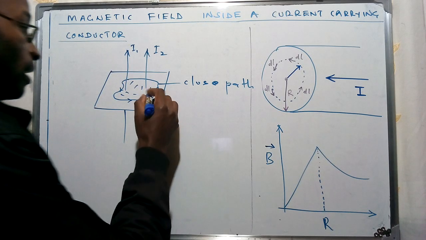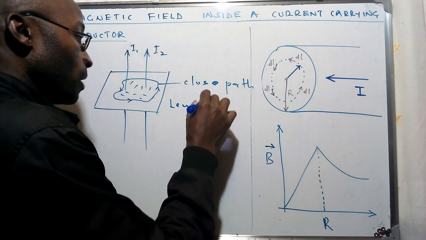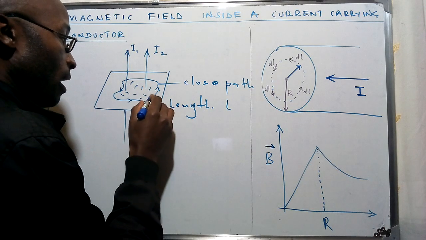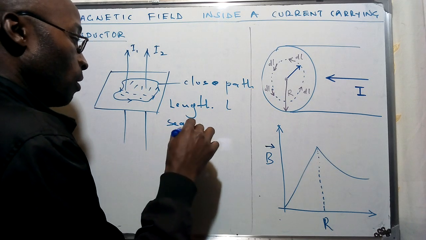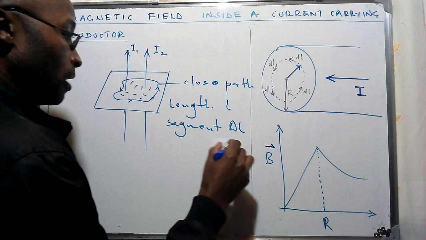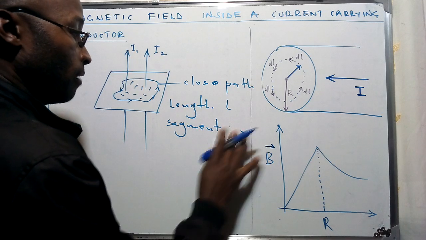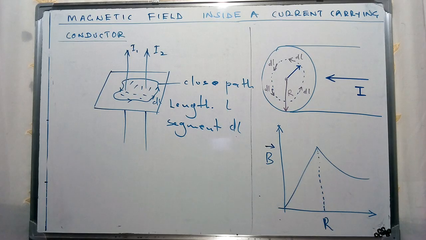Suppose the entire length of this particular part is given as L, then we can have a small segment of this length given as a delta L, or in some cases a dL. So let's just give it as a dL. Suppose we have a small segment of this closed path that is enclosing two current carrying conductors, given as a dL.